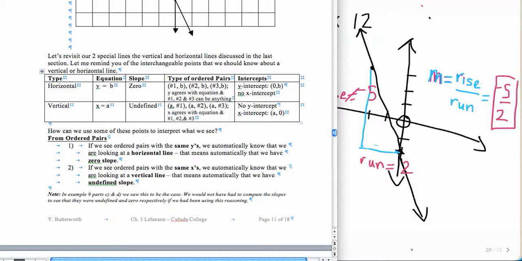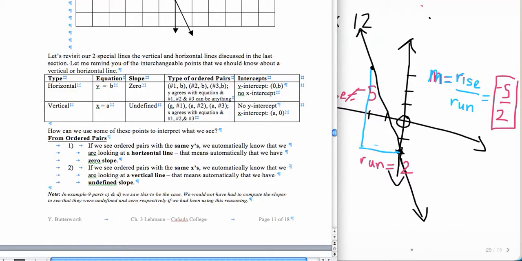So like the slope formula before, when we saw the a's being the same, we could have automatically said, oh, this is a vertical line. Vertical lines have undefined slope. So all of these points are going to work themselves in to be very important to one another, and eventually we're going to be finding models or equations for a linear model. Some of these things will come into play.